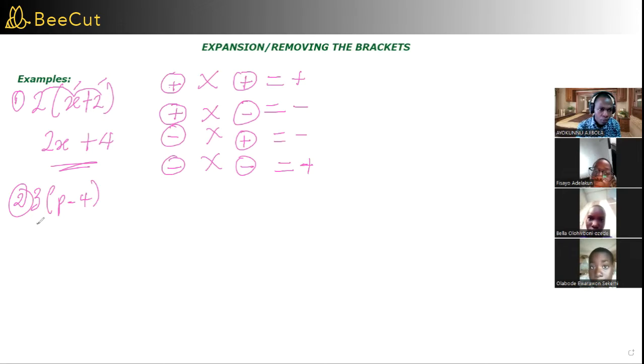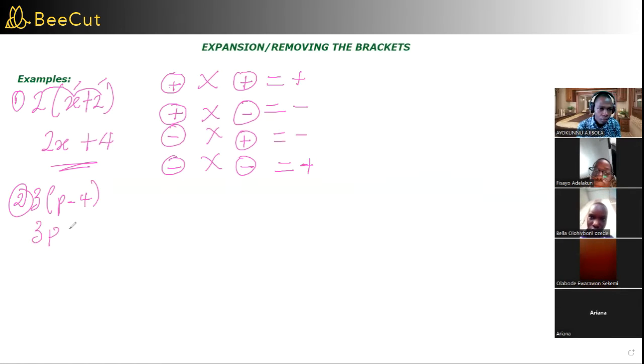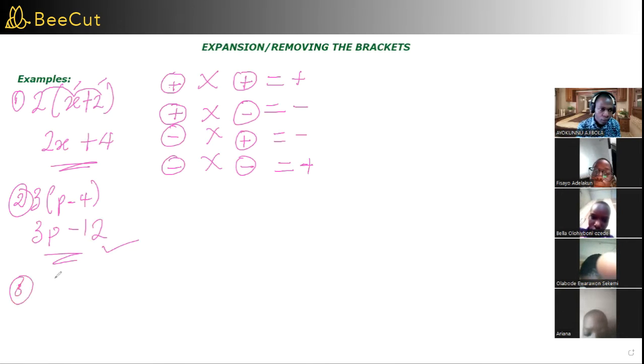3 times p is 3p. Then 3 times -4 is -12. So that is the answer to this one. Pretty simple. Then the third question I'm going to be looking at here. I took my time in the first one to explain so that I don't have to waste time explaining lengthily. Now 2 into 2x plus 1.